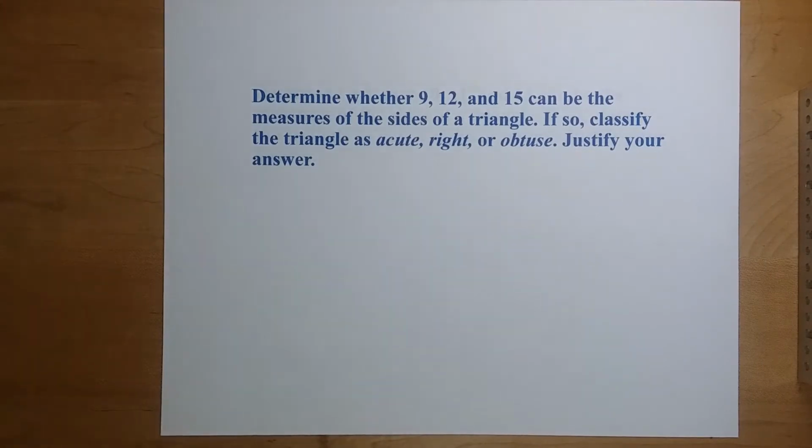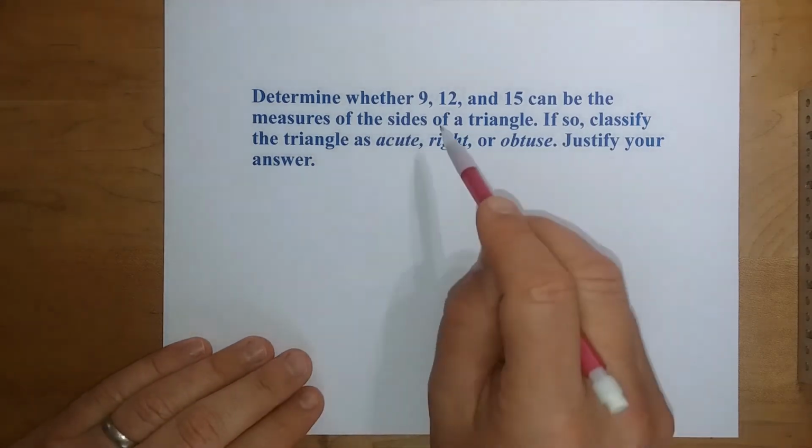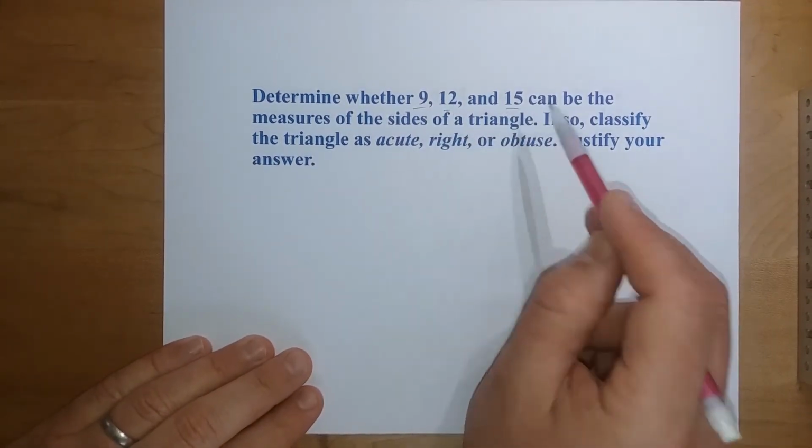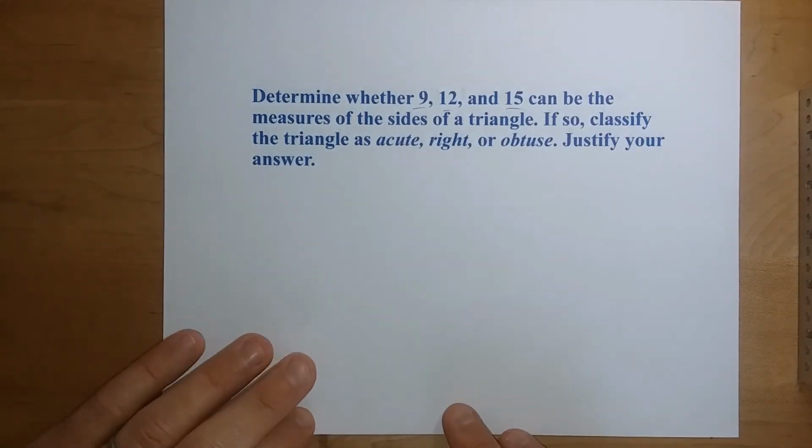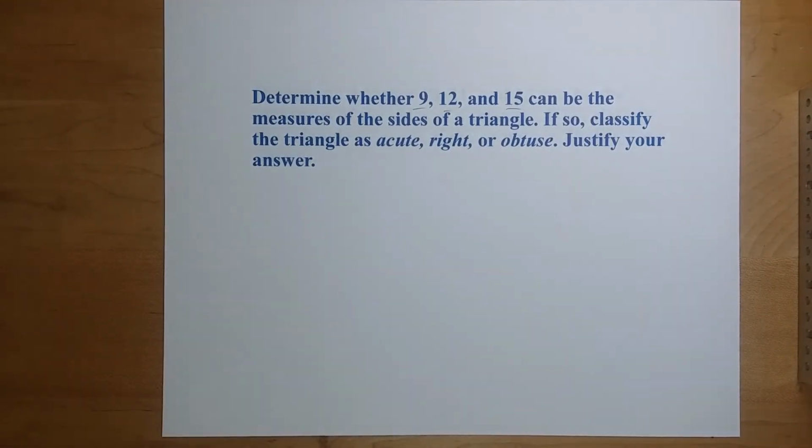Could we determine whether 9, 12, and 15 can be the measures of the sides of a triangle? If so, classify the triangle as acute, right, or obtuse, and justify your answer. Well, first of all, we should check and see, is this a triangle at all? You can pick three numbers out of the air and not necessarily make a triangle.